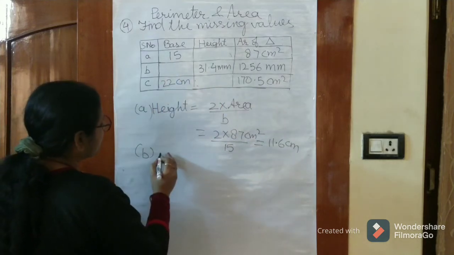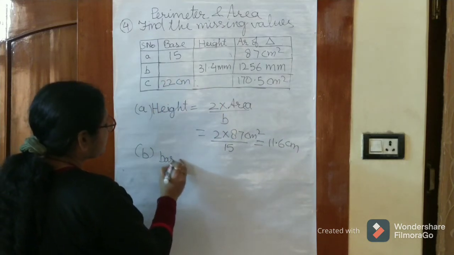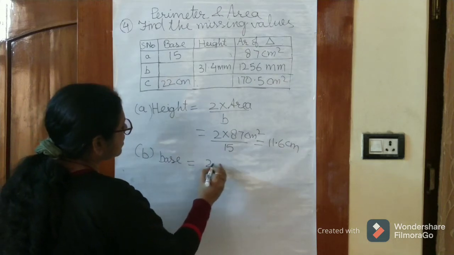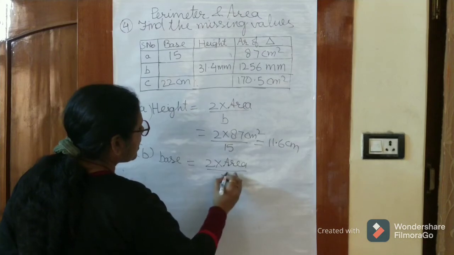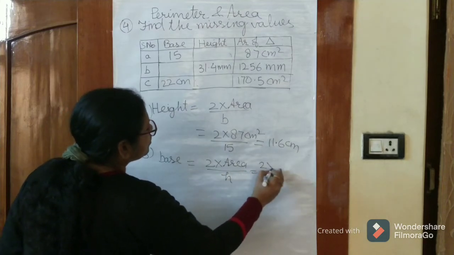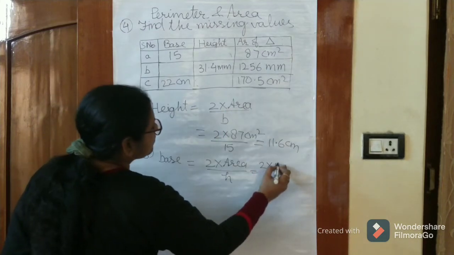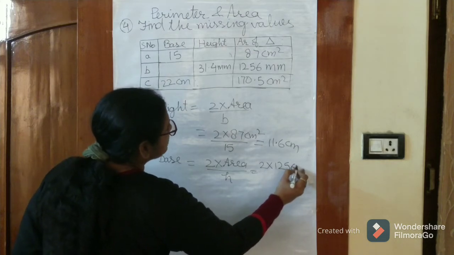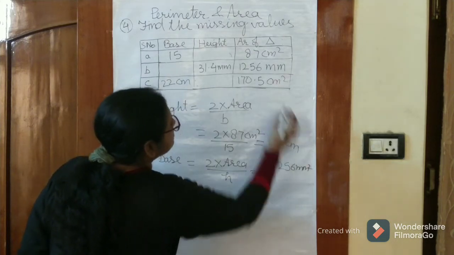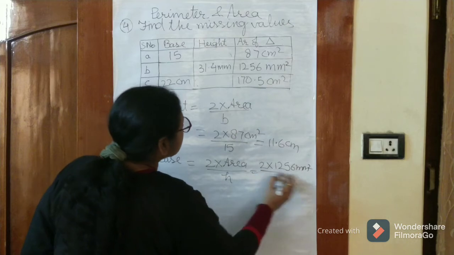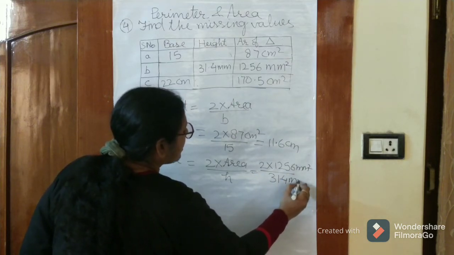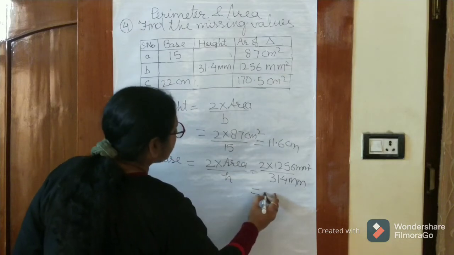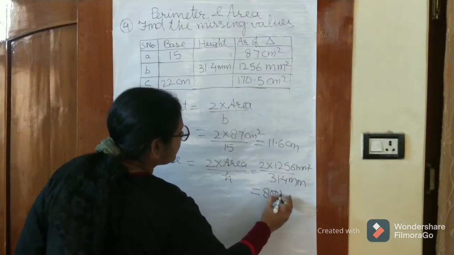Then the formula for the base, if the area and height are given, is 2 into area upon height. 2 into area is given 1256 mm square and this is given 31.4 mm. After calculating, you will get 800 mm.